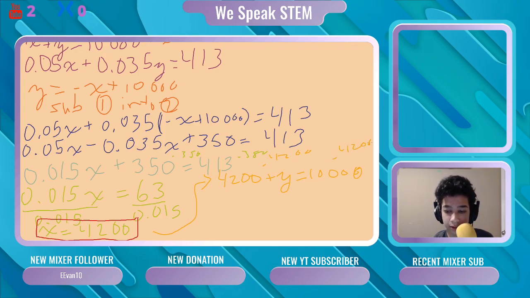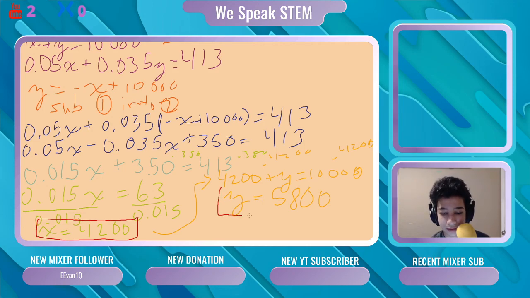And obviously we could have done this without the equation, but we need to practice our algebra. So y equals, I feel stupid, equals 5,800. Y equals 5,800.